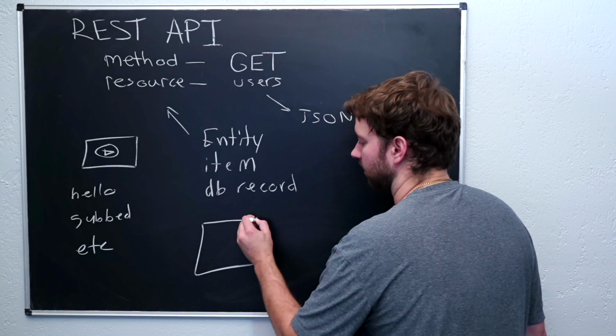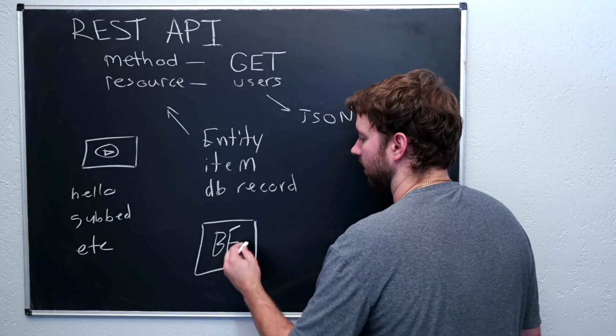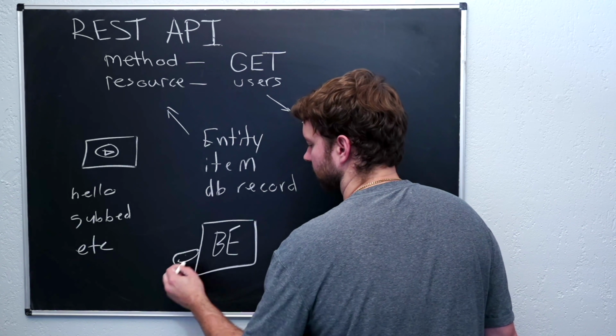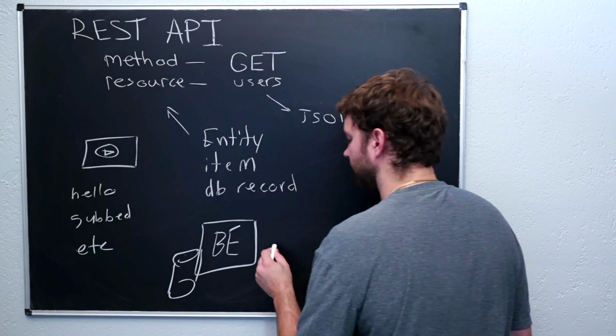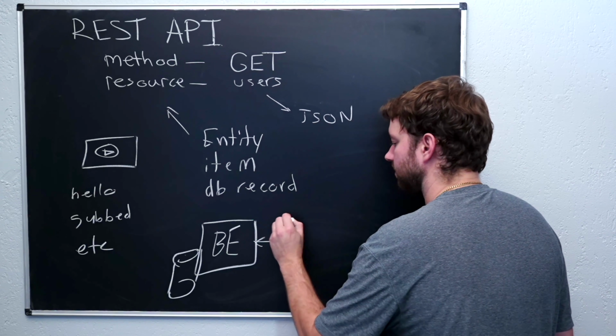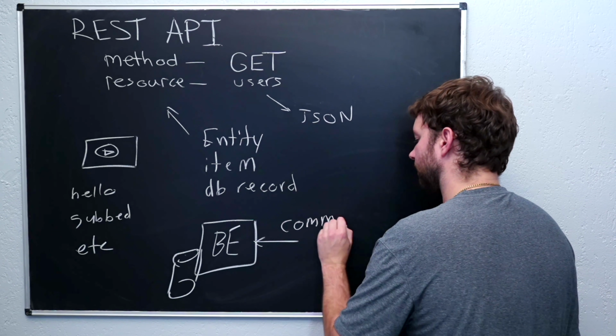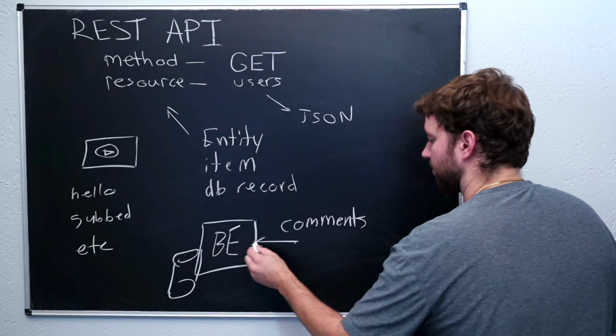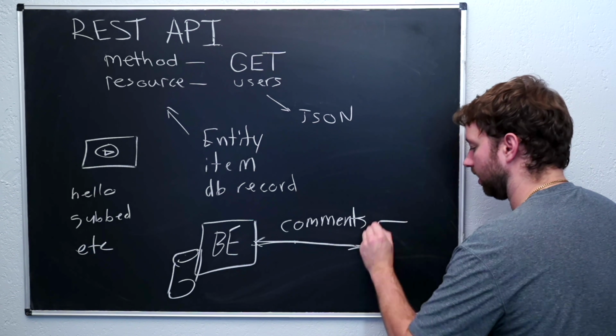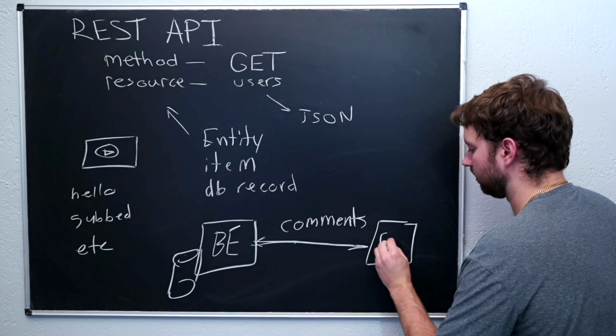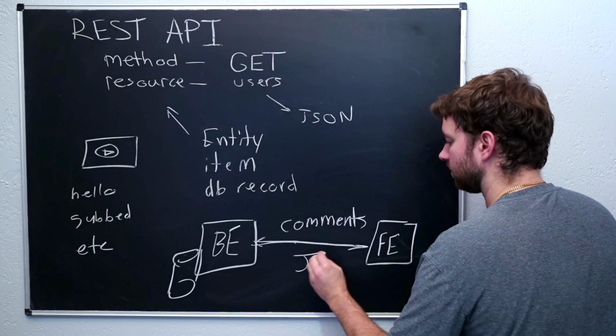So it's going to look like this. We have the backend. The backend stores that data in a database. We make a request for comments, and then that backend formats the data as we need and gives it to us in JSON.